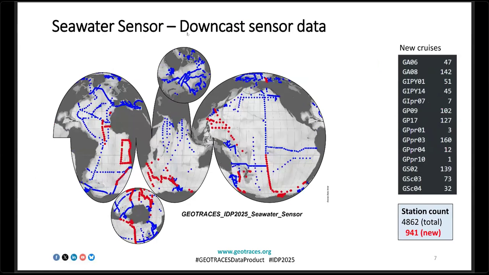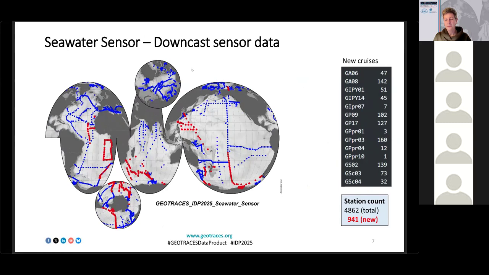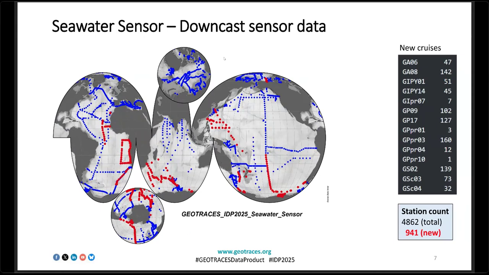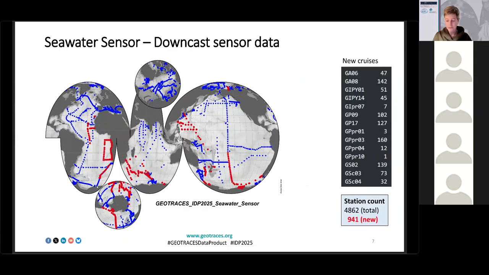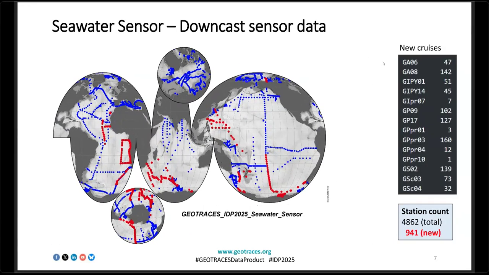Seawater sensor data actually contains the high resolution and the vertical downcast sensor data, which we think complements the actual TEI data and helps their interpretation. This global data set has quite a number of new cruises listed here on the right, about 950 new stations, a total now of more than 4,800, and the new ones are highlighted in red.